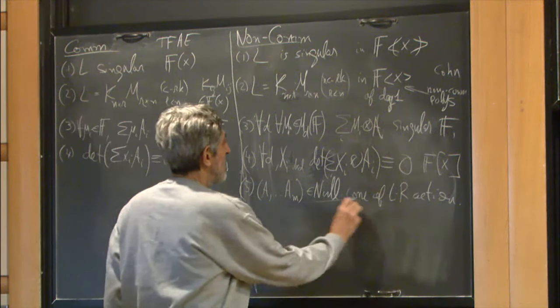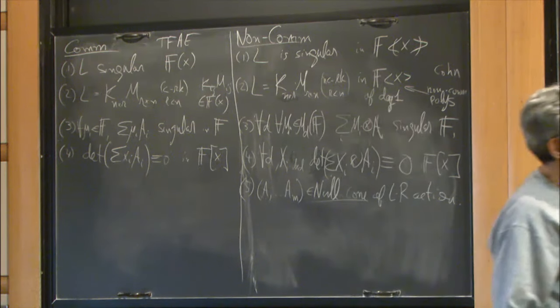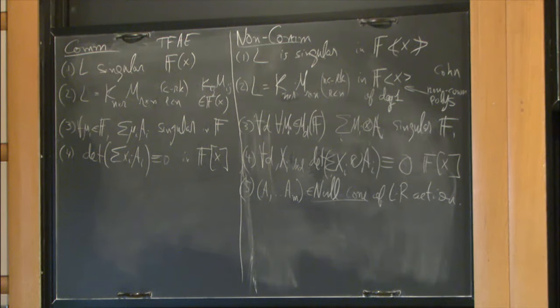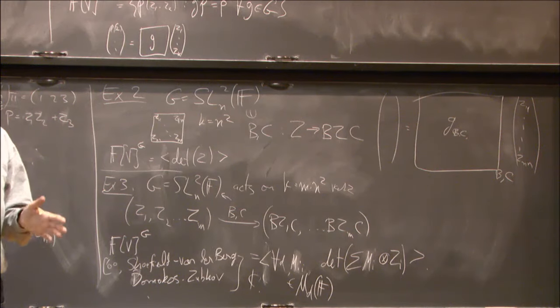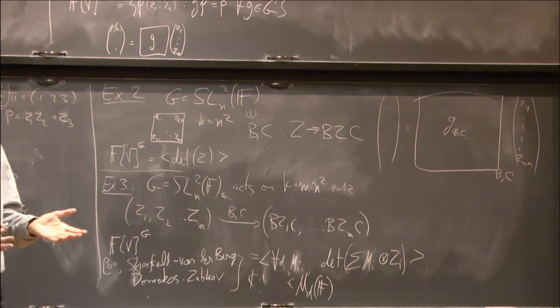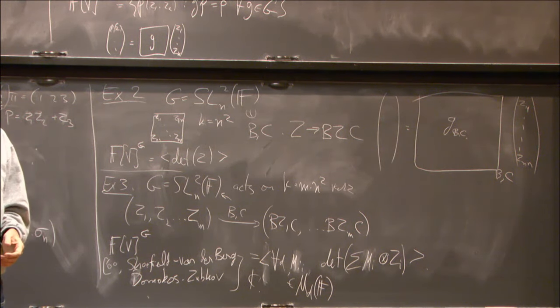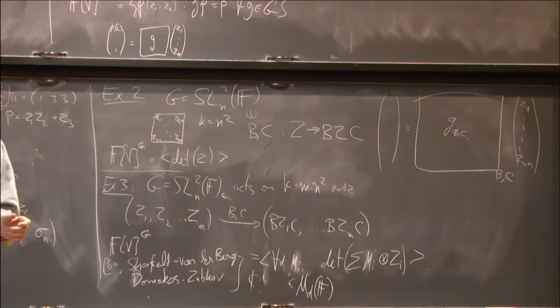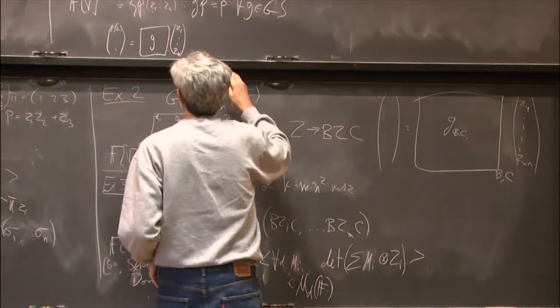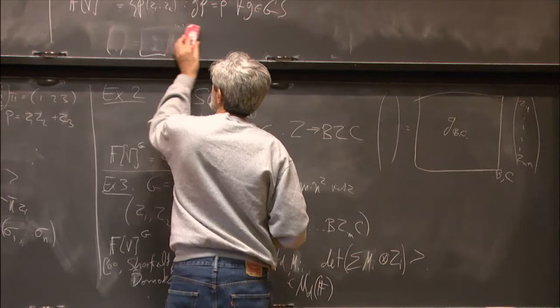And what I wrote here, this null cone, is just one important thing that people in invariant theory are trying to understand: not just what the invariant polynomials are, but what are the objects that, under the group action, are zero for every invariant polynomial.